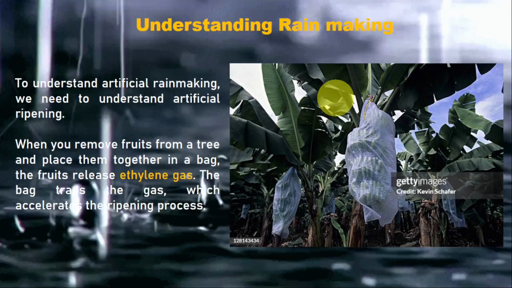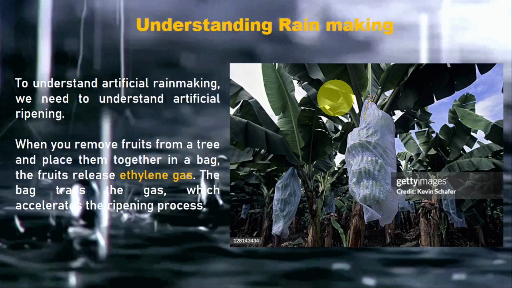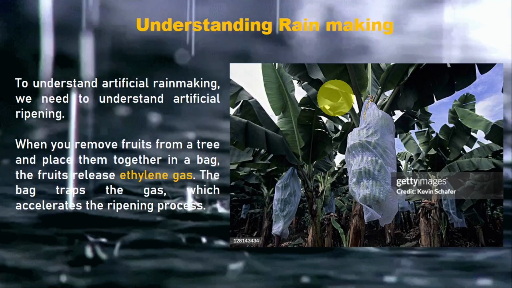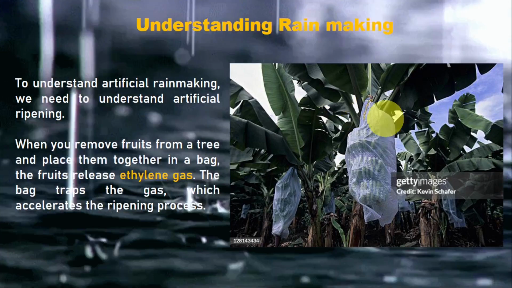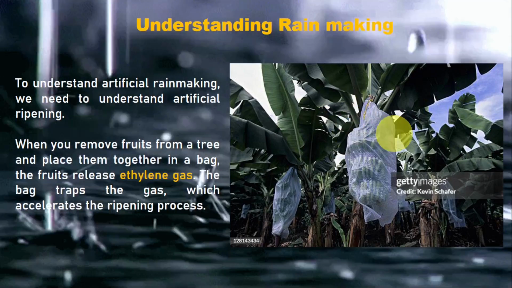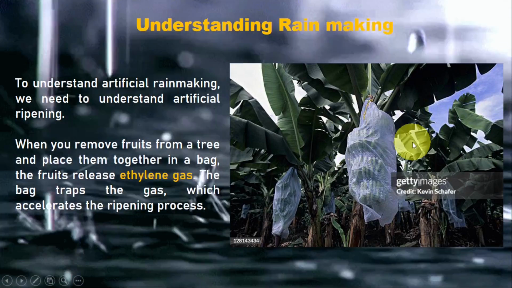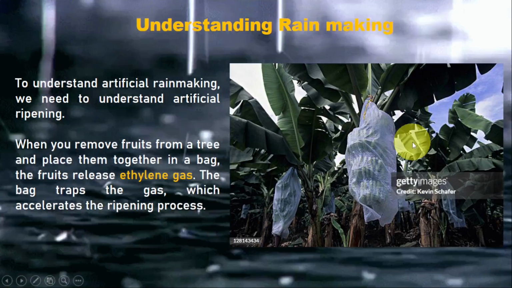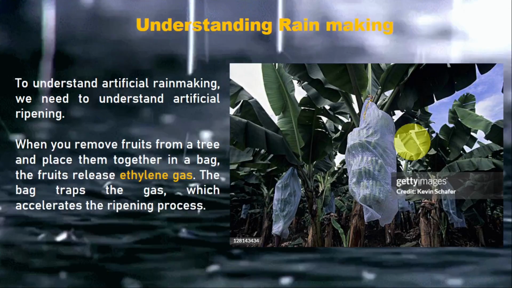So now to understand this rainmaking method, we need to understand artificial ripening. You probably have seen this before in your village or in your community. If you have a fruit on the tree, it takes months for it to ripen.